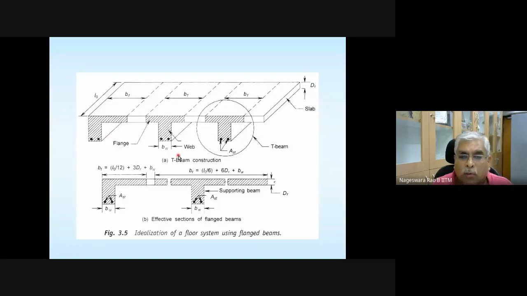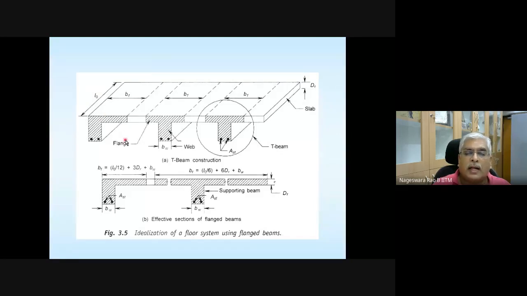And what should be the dimensions that we need to consider, either for analysis or for design purposes? Code is giving some guidelines for that. How much width from the slab is going to act integrally with the beam, and under what circumstances can we assume this part of the slab acting integrally with the beam? All those details are given in the code, and we will make a note of those points in today's class.